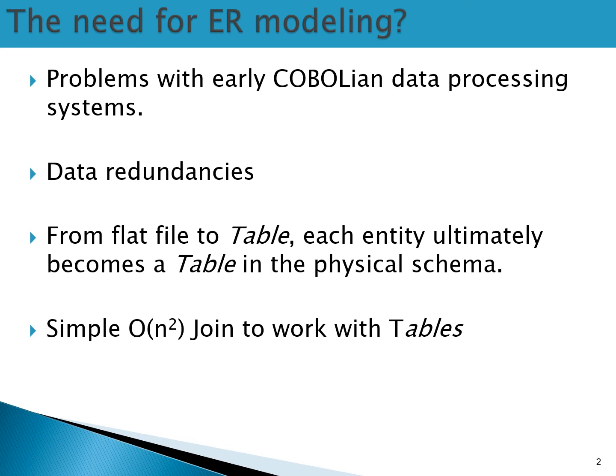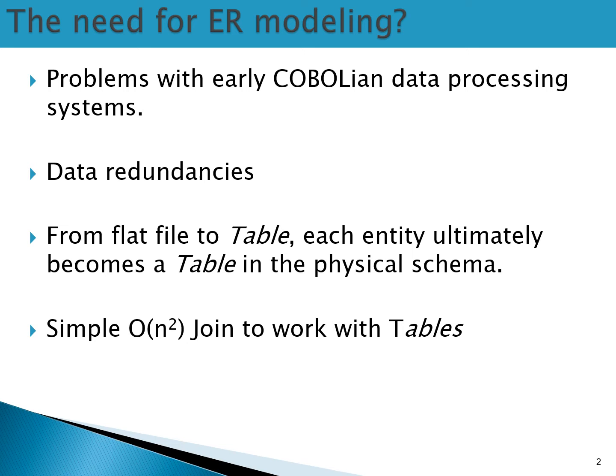To resolve this problem, from flat file to table, it was decided to translate each entity in the real world to a table in the physical schema. So we start identifying entities, and then each entity is translated to a table in the physical schema.